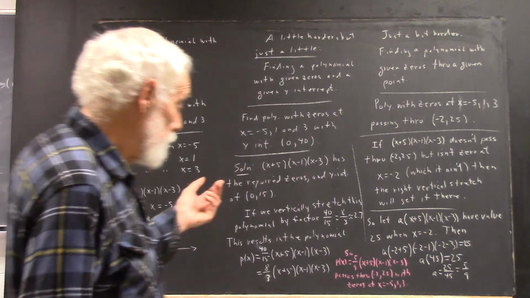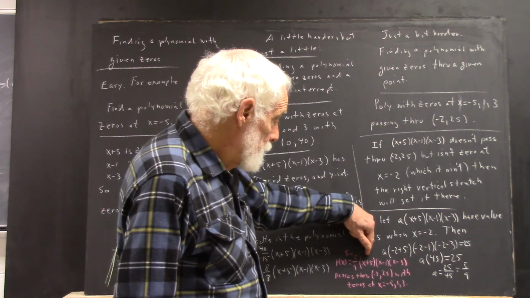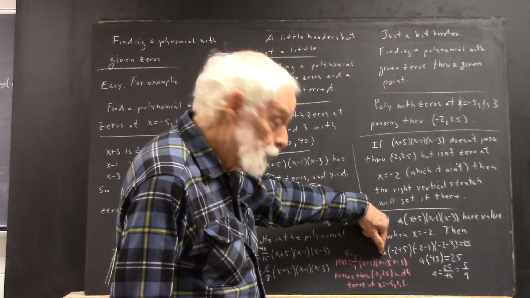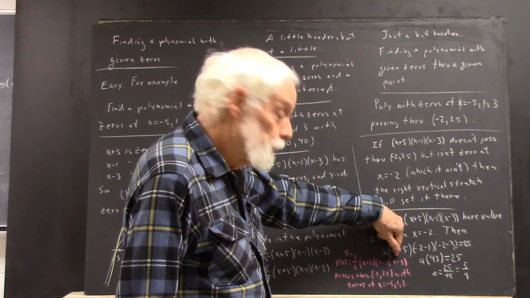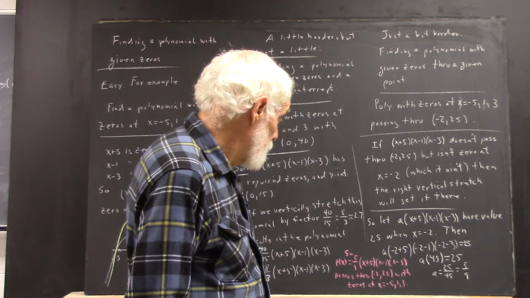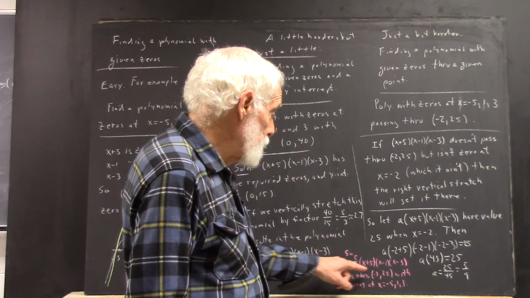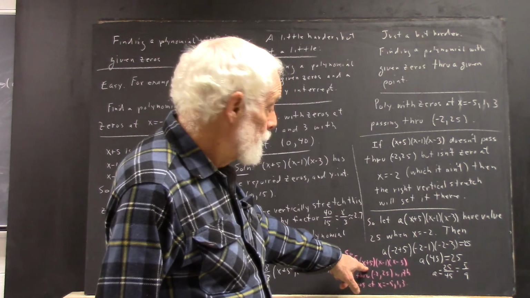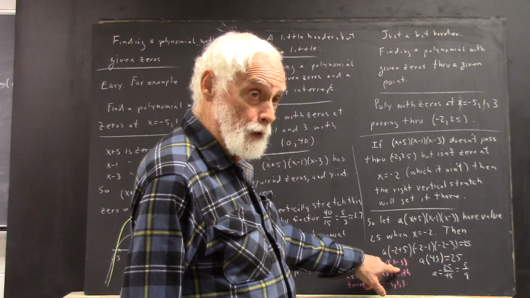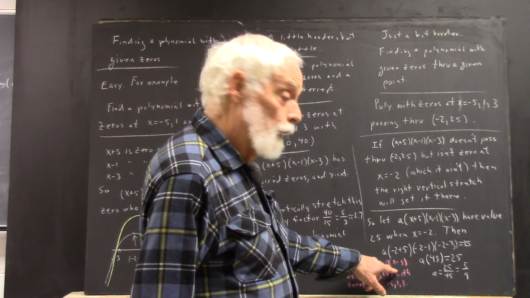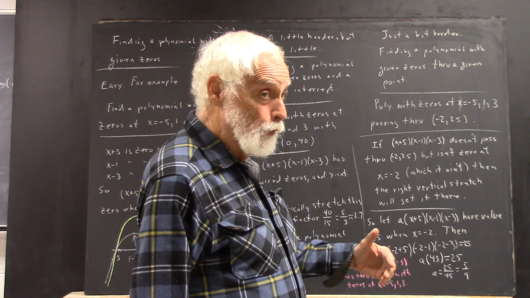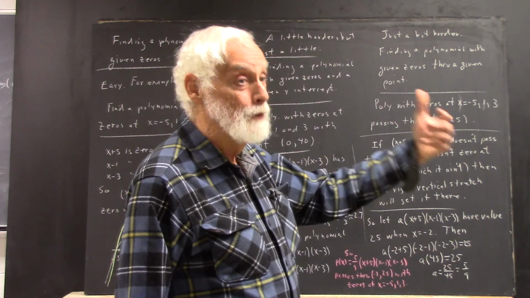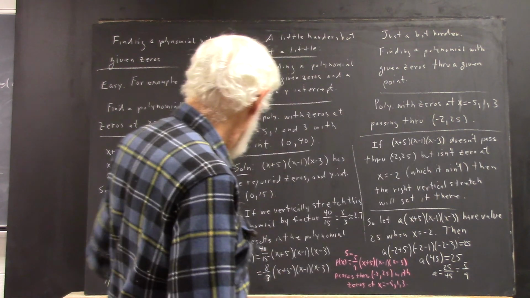You can see clearly that -5 is going to make the whole thing 0, 1 is going to make the whole thing 0, and 3 is going to make the whole thing 0. And if you multiply it by 5/9 and plug in -2, you get 5/9 of 3 times -3 times -5. 5/9 of 45. 1/9 of 45 is 5, and 5/9 of 45 is 5 times that, which is 25. So there we have it.